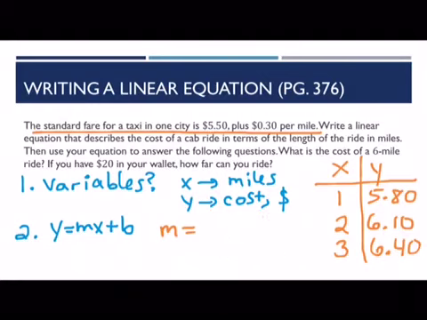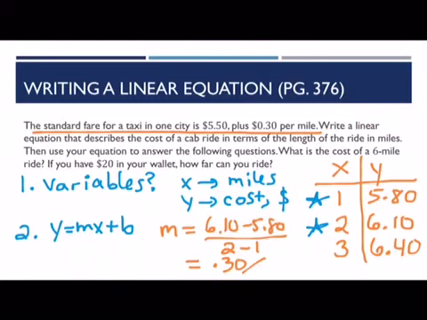All right, so filling in my specific numbers, I'm going to use these first 2 points. Then the slope would be 6.10 minus 5.80 divided by 2 minus 1. All right, and that's going to be 0.3 divided by 1, or 0.3.